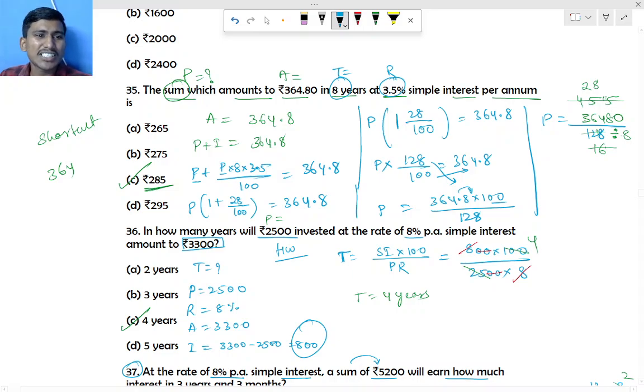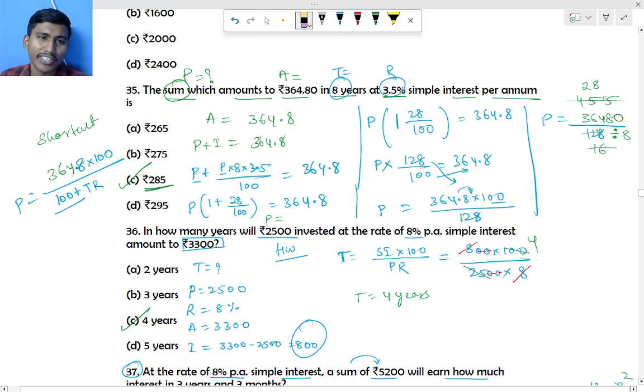So here 364 is there, right? 364.8 is there, right? So what you do is, 0.8 is there, you multiply with 100. So here, 128, that is 100 plus T into R. To find the principal we divide by T into R. So here you have to add 100, and here you have to multiply 100.